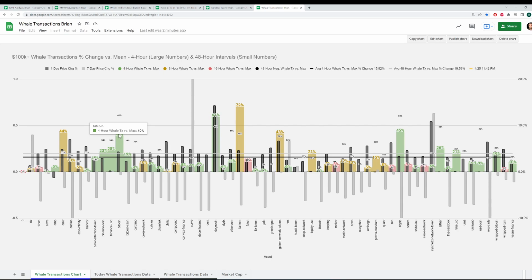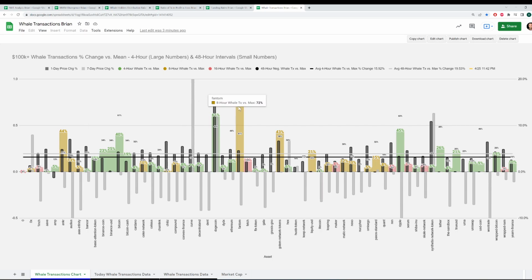And since the current 4-hour interval is always incomplete, if it was complete, it would go to the next 4-hour interval. So it's basically trying to always keep up with current times and estimate based on the trajectory it's on how notable these whale transactions are.